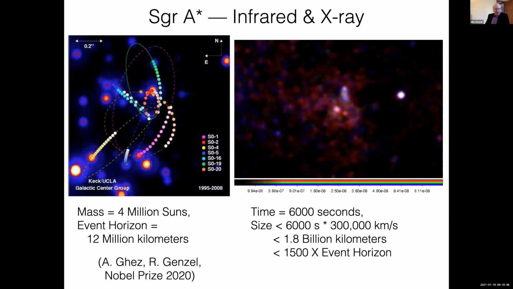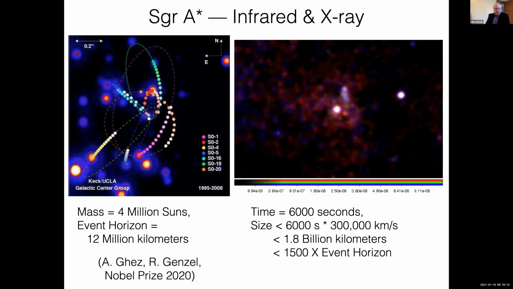It's about 4 million times the mass of the sun in a very compact region, based upon measuring orbits of infrared emitting stars going around the black hole for roughly the past 25 years. They've been doing this to the point that some of these objects have completed orbits around the black hole. That's shown here on the left.